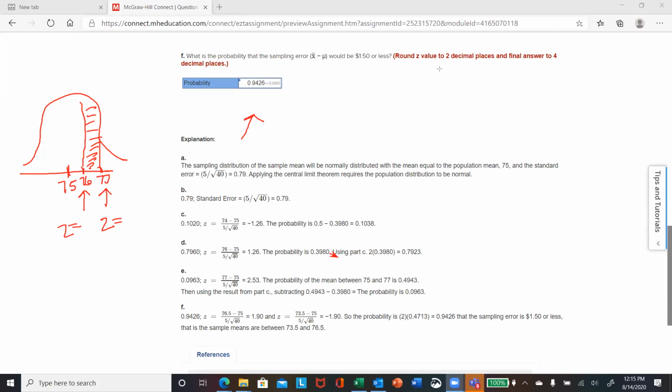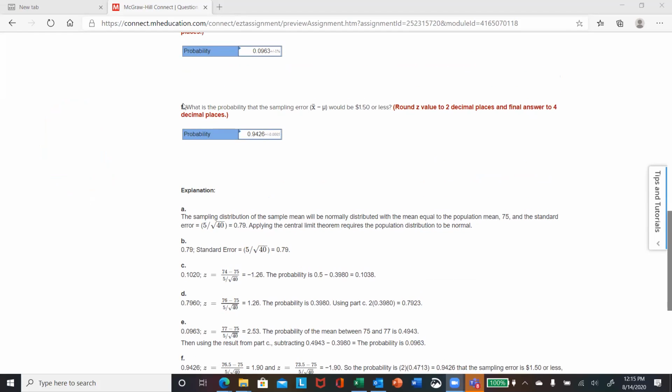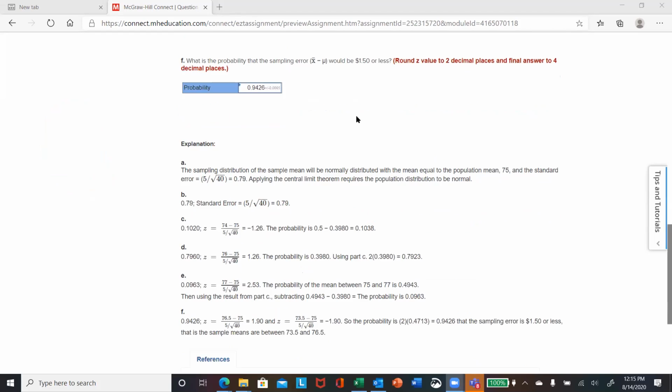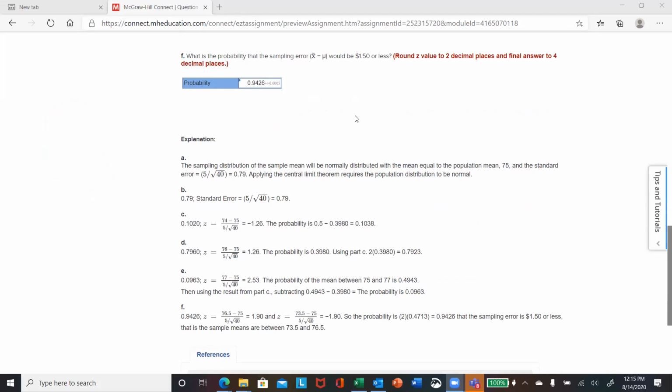All right. And then we've got letter F, last one. What is the probability that the sampling error would be 1.5 or less? And so in that case, it's very similar to the last problem. Let me just draw you the picture as you're working this, so you can visualize what they actually are asking.